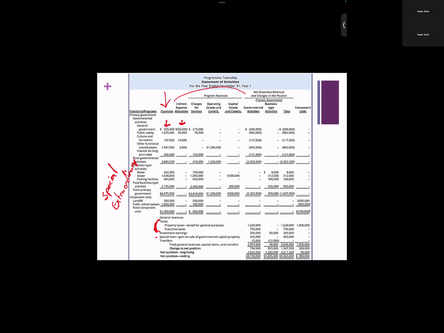So if we sell some government building or something, that's unusual or infrequent, but it's within our control. Okay, and extraordinary is also unusual or infrequent, but it's outside of our control. So that's a hurricane comes through and destroys the government building or something. So this is within gov control. This is outside of government control.